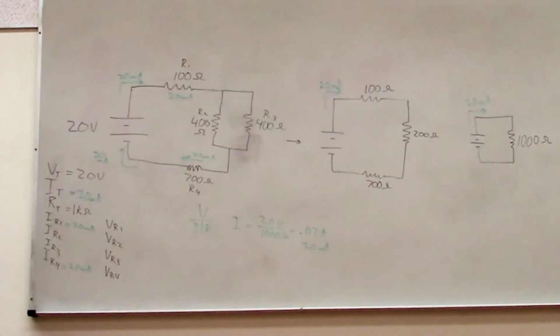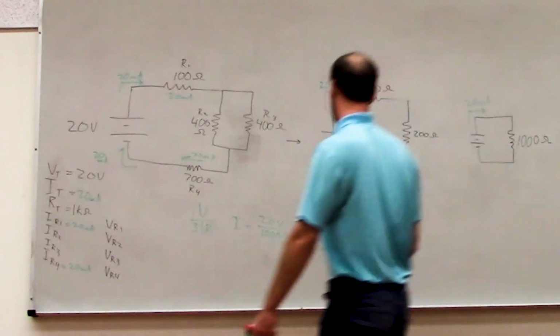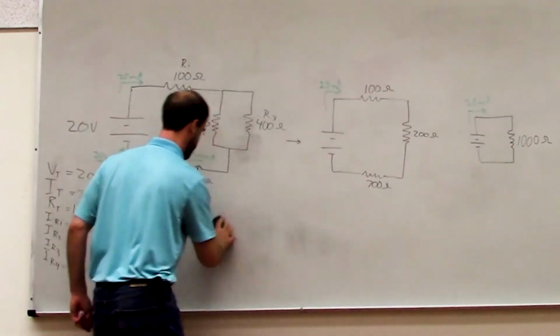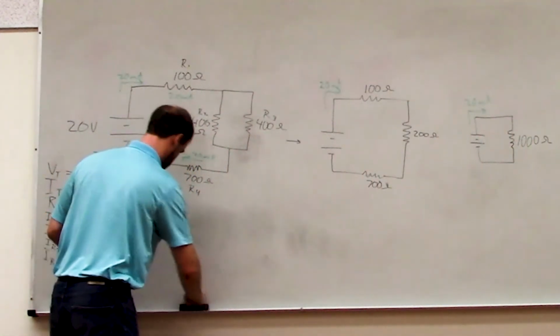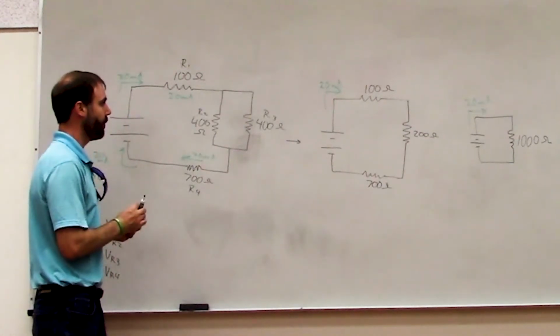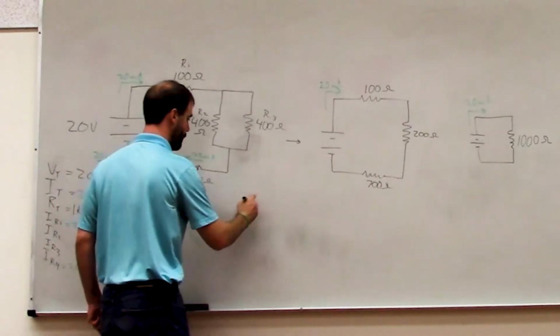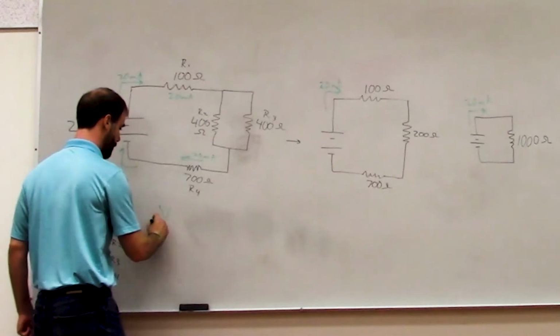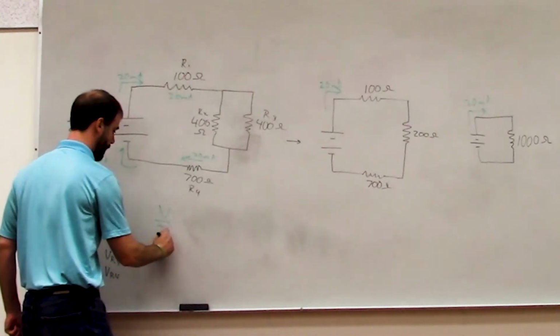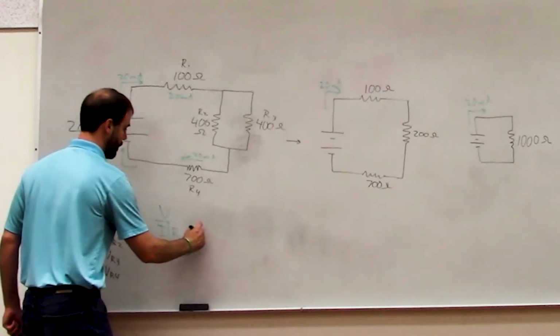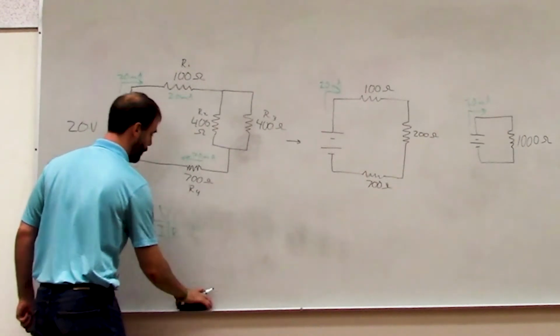So if we know the currents for those resistors, we can figure out the voltages for those resistors as well, right? Because we can use Ohm's law. Again, Ohm's law is V, I, and R. So in this case, we're trying to find the voltages.